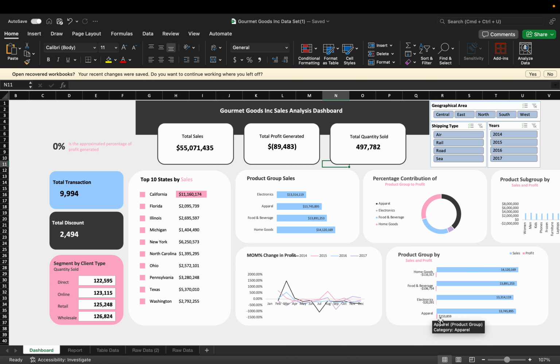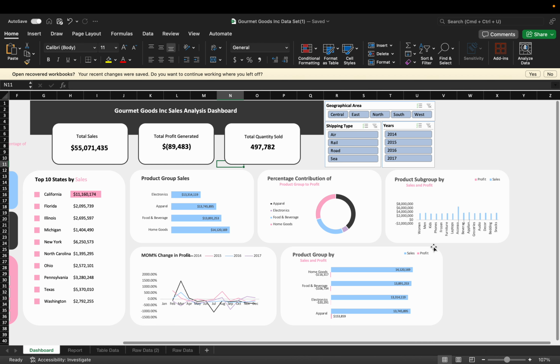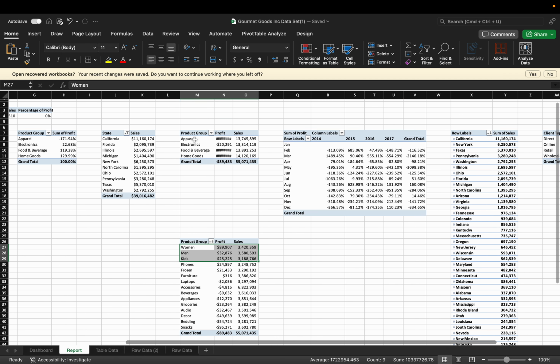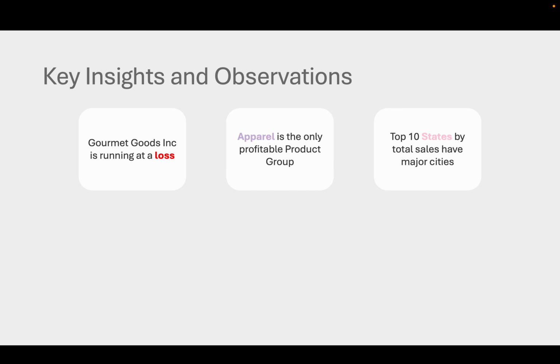Only the apparel is profitable, and we also see through the subgroups that women, men, kids are the top three profitable subgroups. So that ties into apparel being the most profitable.